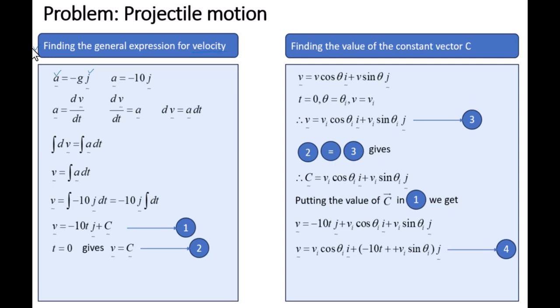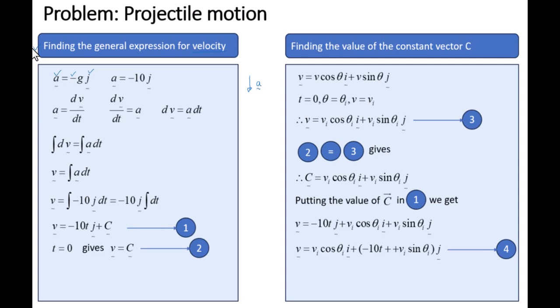Here g represents the acceleration due to gravity, and it points vertically downwards. So if any projectile is in its projectile motion, the acceleration vector a will always be pointing in the downward direction, and that's what the negative sign represents. It's along the minus j axis.